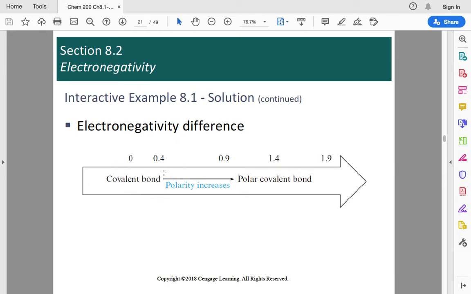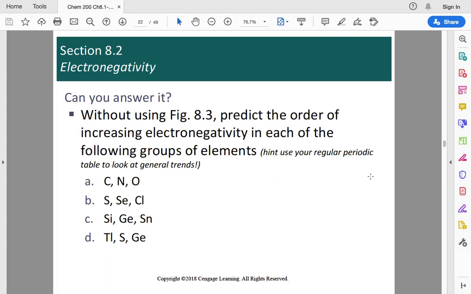Non-polar covalent means, for all intents and purposes, the 2 atoms in the bond are sharing those electrons equally. So there's no slightly positive side, there's no slightly negative side. As we get a greater and greater difference in our electronegativities, we're starting to go towards a polar covalent bond. And then if we went to the extreme end, we would be over here. This would be an ionic bond over here.